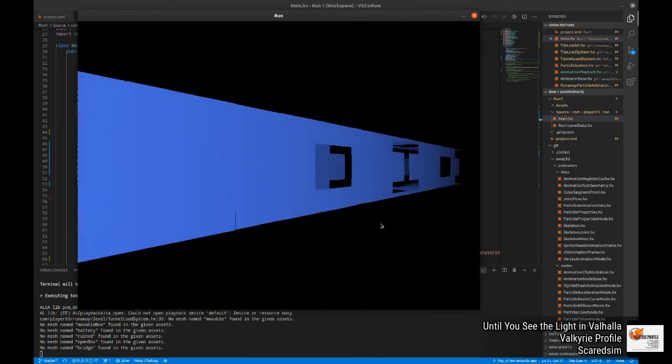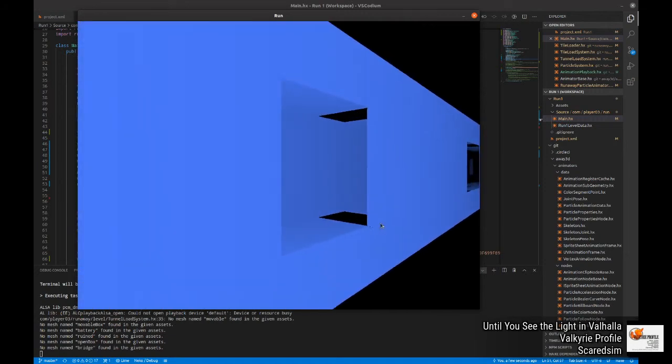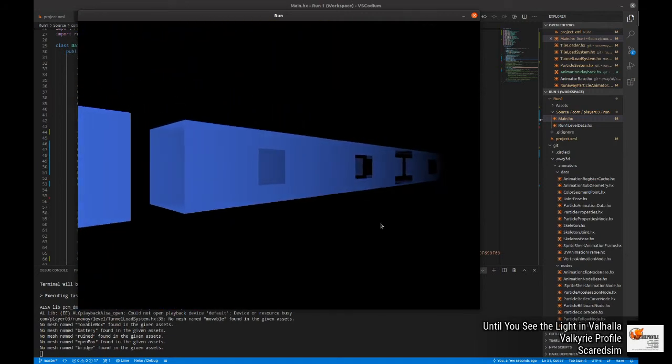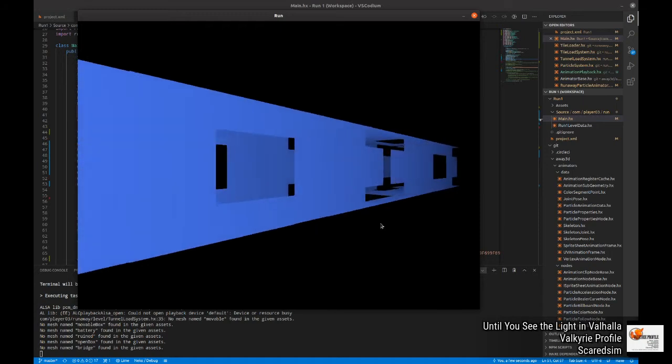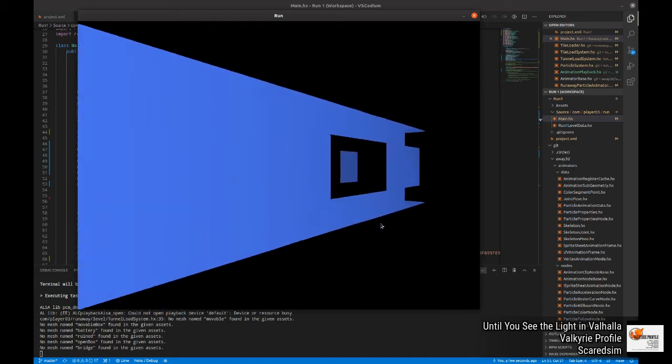But yeah, can do that, and hopefully also crumbling tiles falling away.